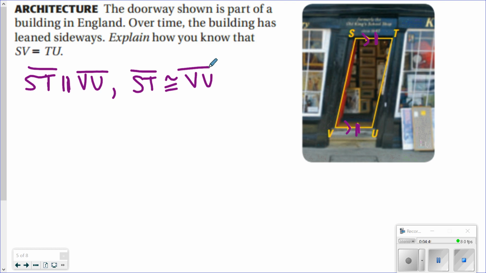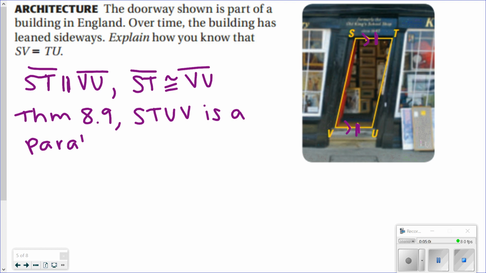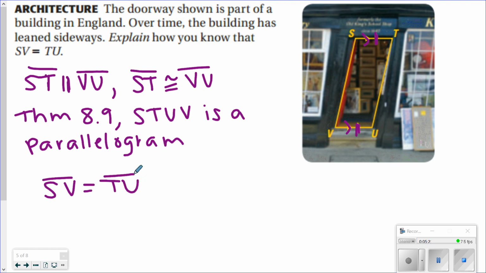So that is theorem 8.9 states that this quadrilateral STUV is a parallelogram. So since this is a parallelogram, we therefore can state that SV is equal to TU, and we're done.